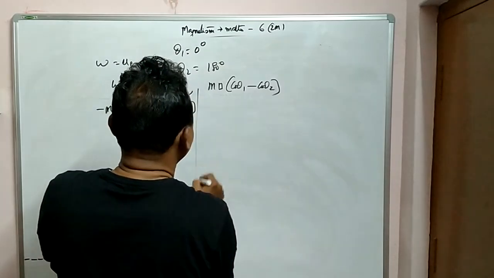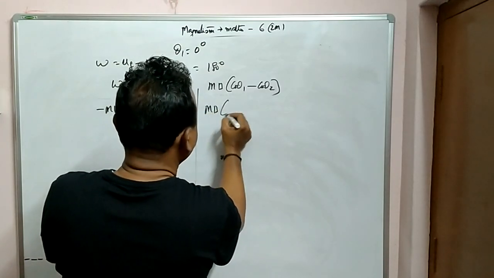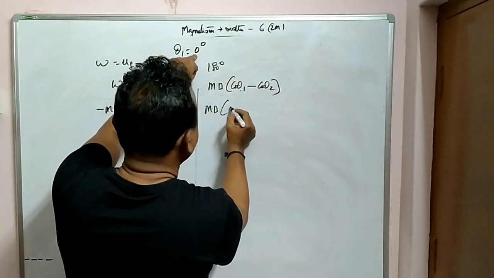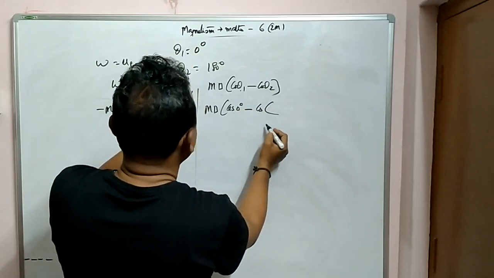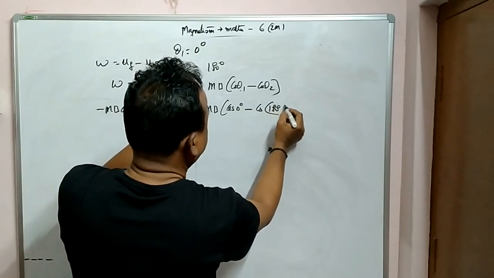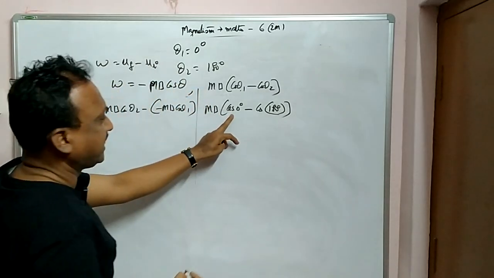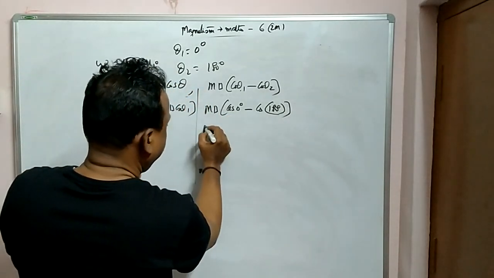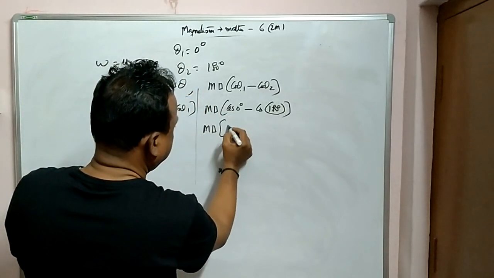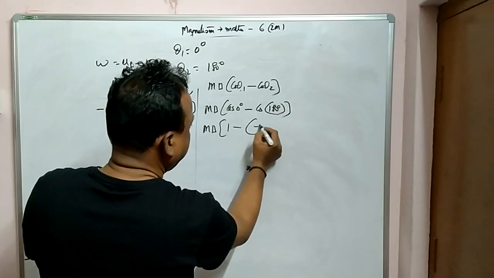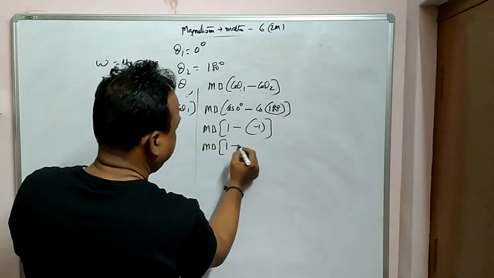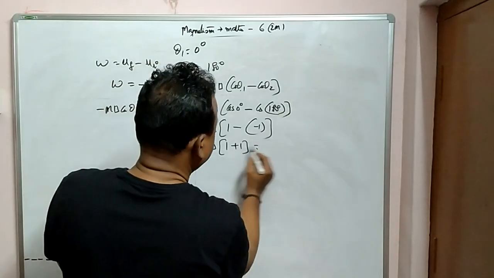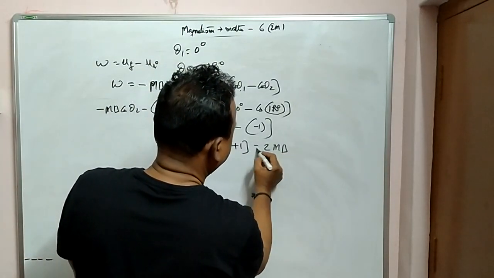So finally what will be the answer: MB, cos 0 degrees minus cos 180 degrees, that is MB into cos 0 is 1, minus cos 180 is minus 1. So MB into 1 minus, minus becomes plus, that is 2 MB.